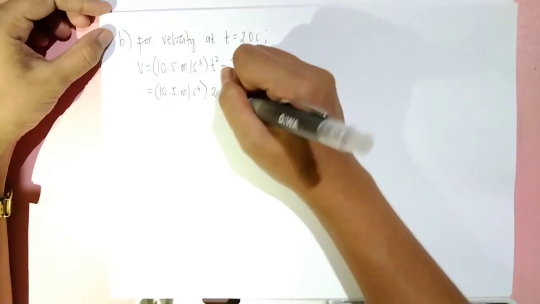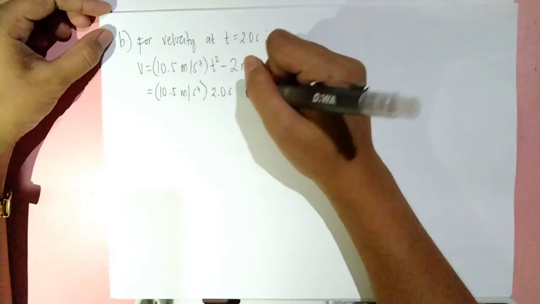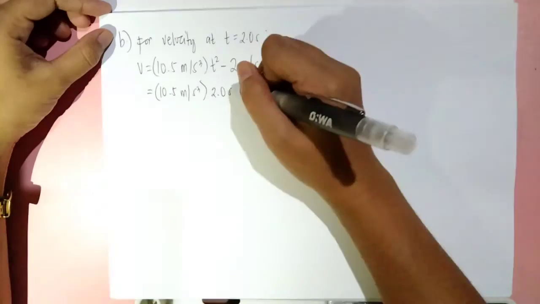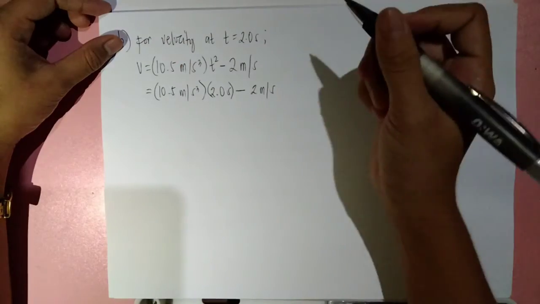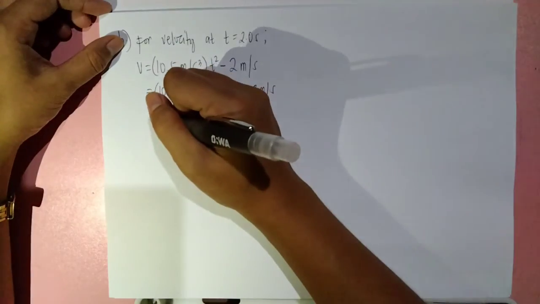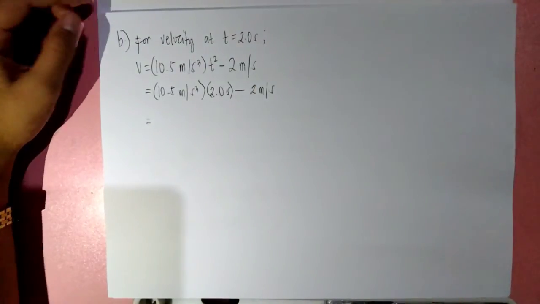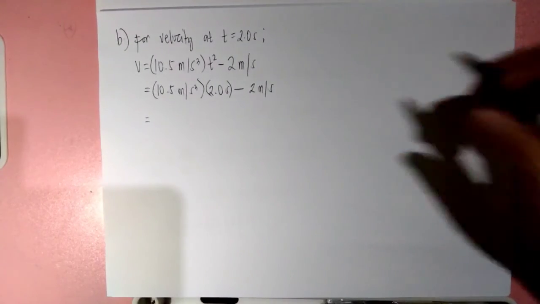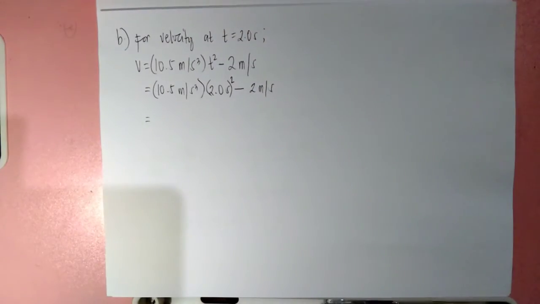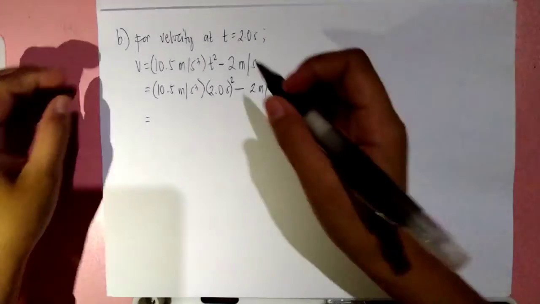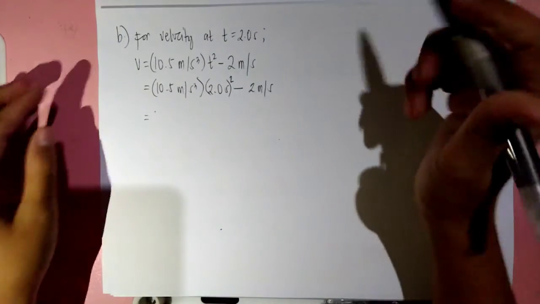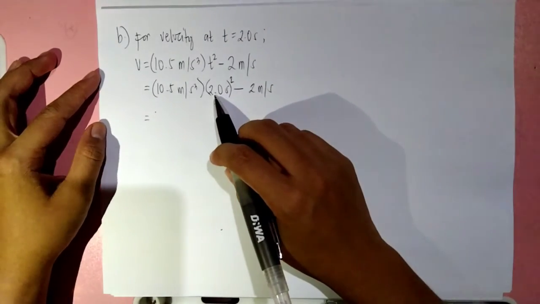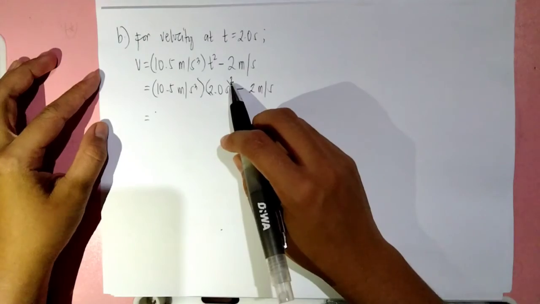So t is 2.0 seconds minus 2 meters per second. Okay, so we have here the square of time.